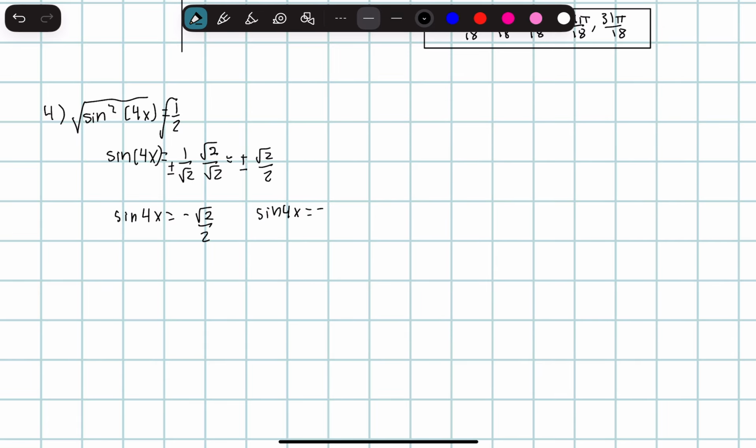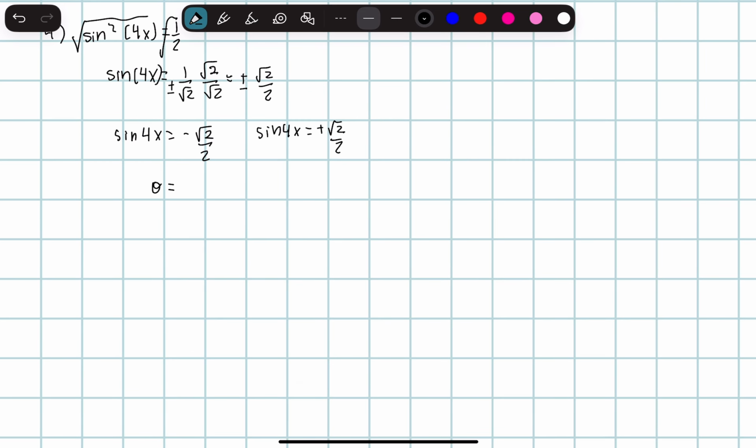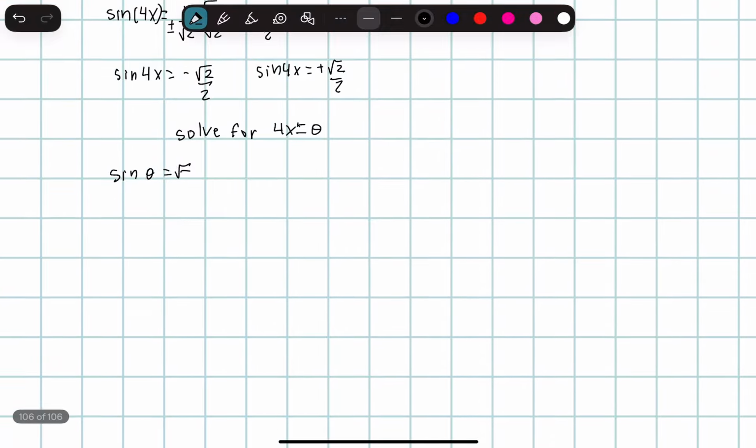Now we're going to pretend we're solving for 4x. Temporarily, imagine sine of theta is equal to positive root 2 over 2.